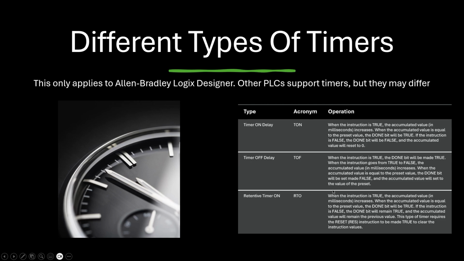So basically, you'll see the timer increment up, and then when reaching the preset, it will freeze at that spot and not increment up anymore, and it will not reset to 0.